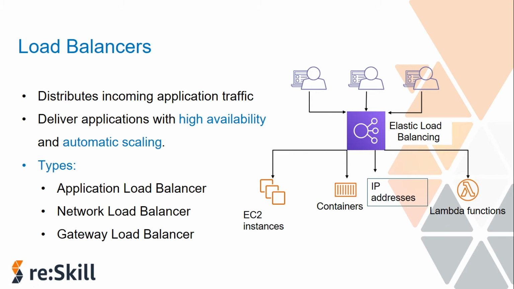And with the load balancer, we have different types of load balancers: application load balancer, network load balancer, and gateway load balancer. How do we decide which one to choose? We have to consider what sort of application we have and what protocols we need to send the traffic on. The application load balancer supports protocols like HTTP and HTTPS.